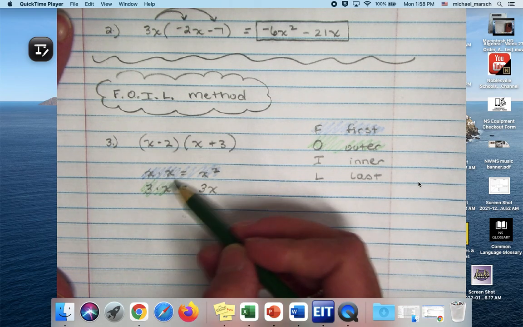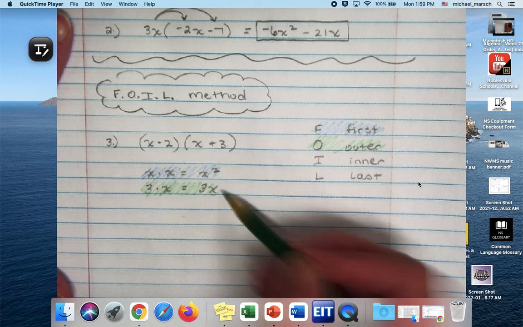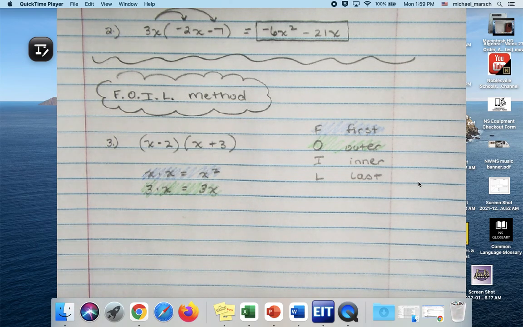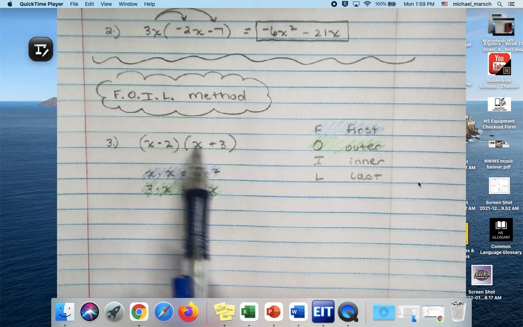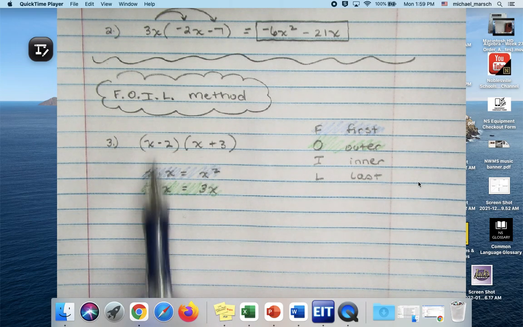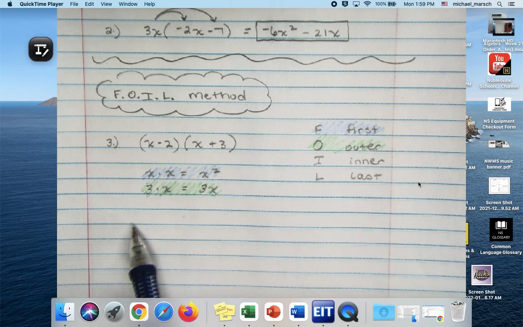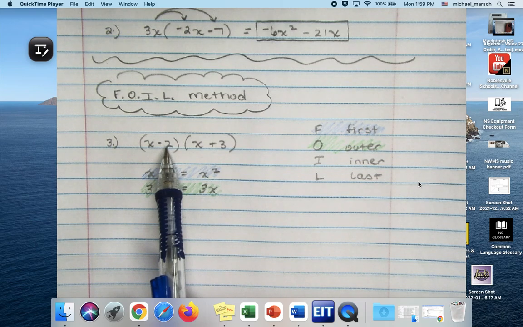Wait, how'd you get 2 on x? Because x times x is going to be x squared. And then the outer is 3 times x, so I get 3x.